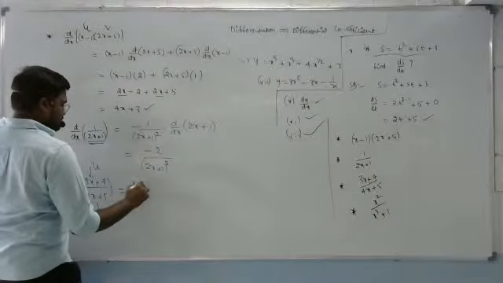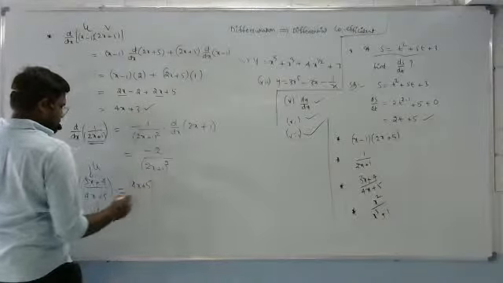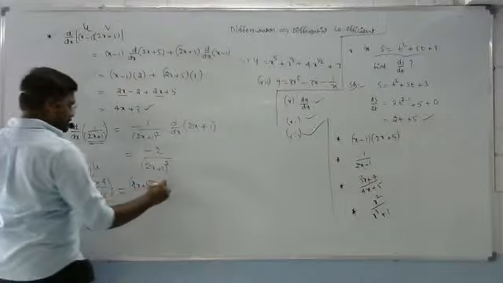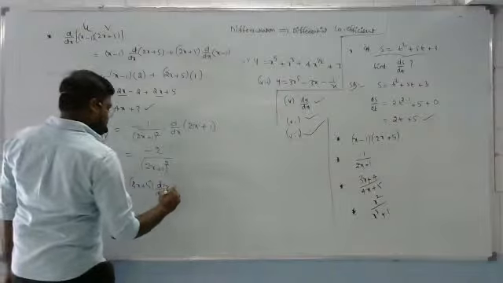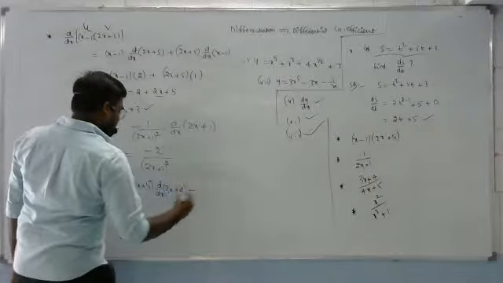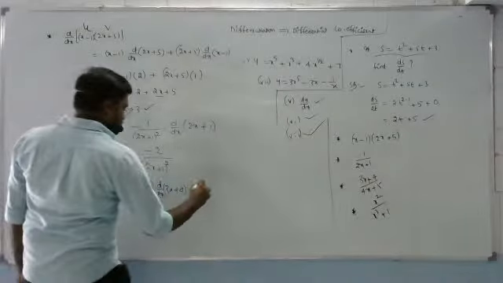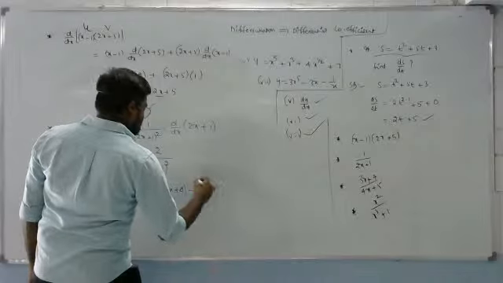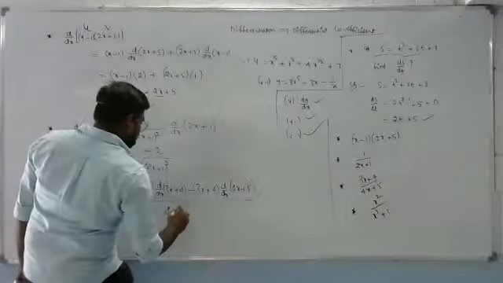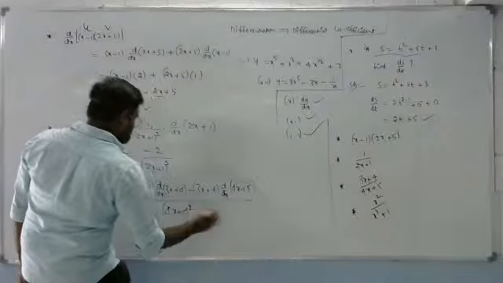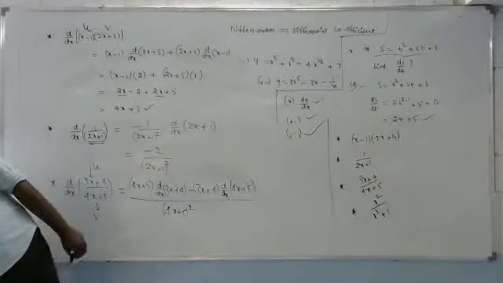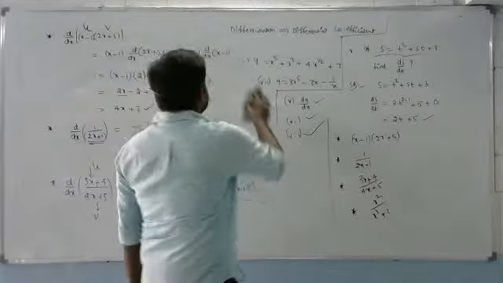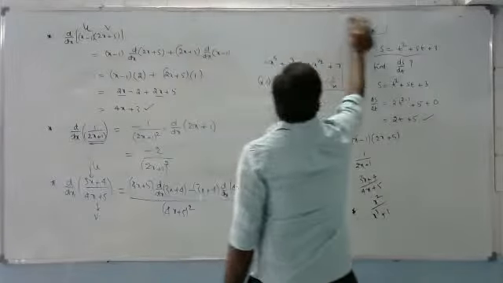Formula: v into, that is 4x plus 5 into d by dx of u, what is u? 3x plus 4, minus u into, that is 3x plus 4 into d by dx of v, all by 4x plus 5 whole square. So can I erase this part?